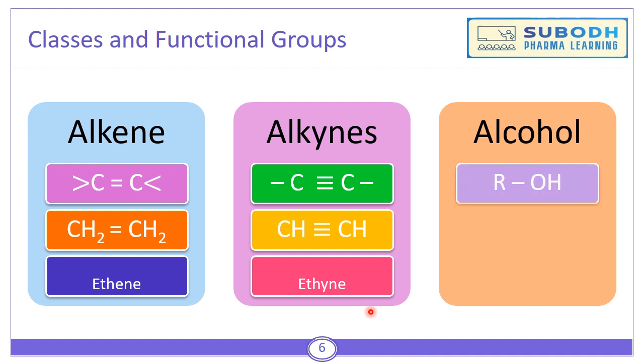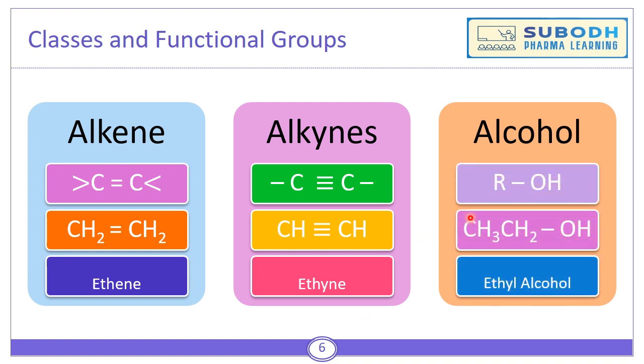The alcohols contain the -OH, that is the hydroxyl group, in their structure, for example, ethyl alcohol. See, here in all examples, I have taken the basic examples of the respective class.